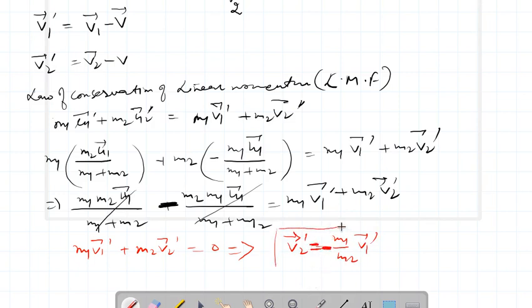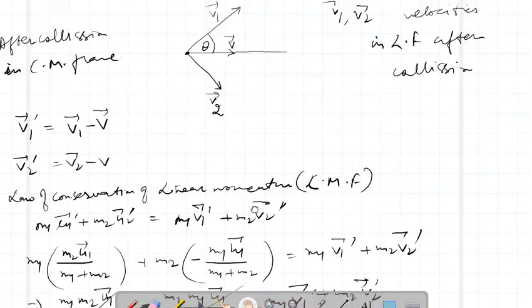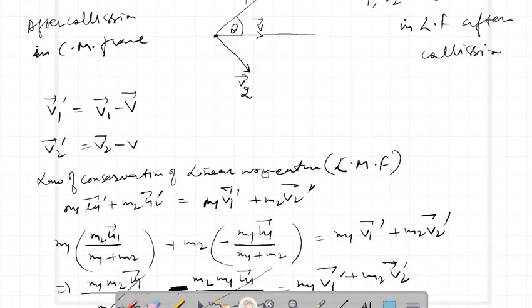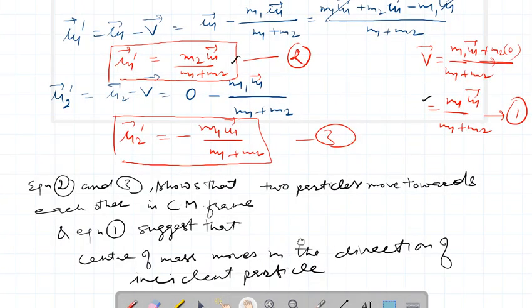right? So this is another equation, and let me rename the equations. This is equation number 3 which I am getting.